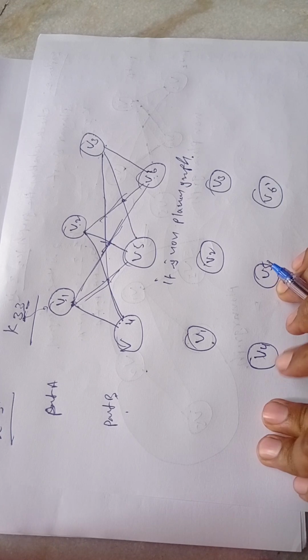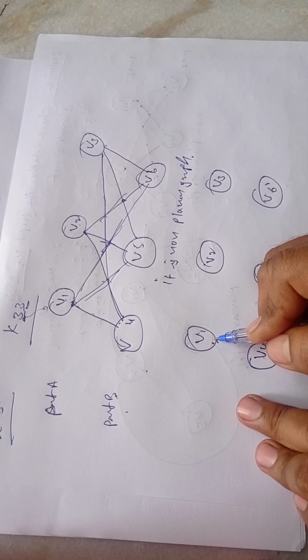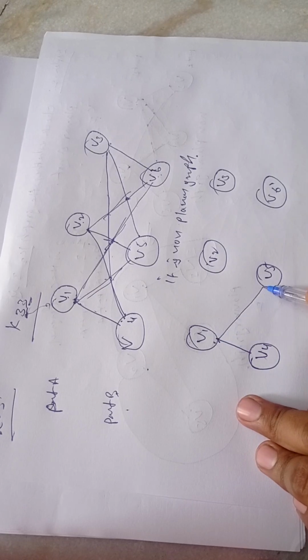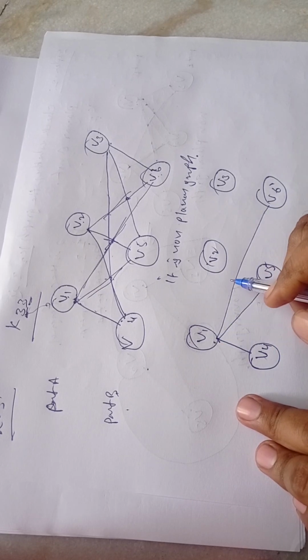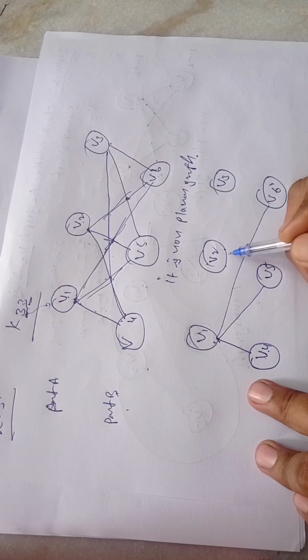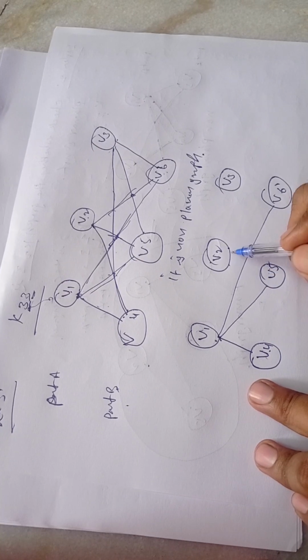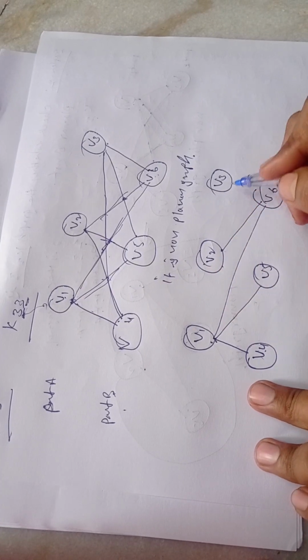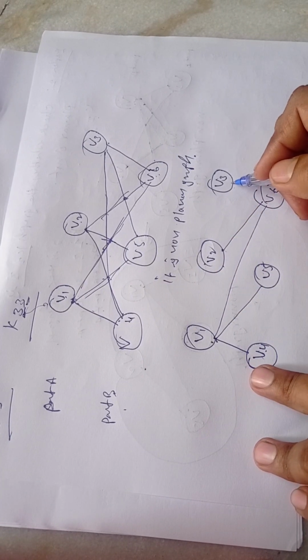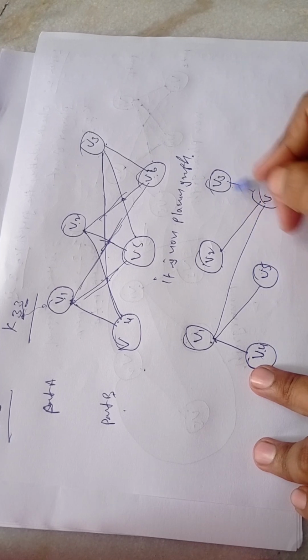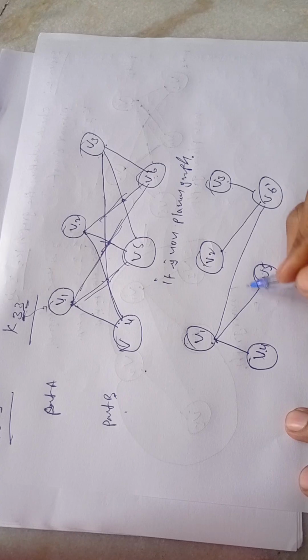V1 to V4, V1 to V5, V1 to V6 establish edges. For V2, V2 to V4 and V2 to V5 are crossing edges, and V2 to V6 is an edge. For V3, V3 to V5 and V3 to V4 are crossing edges.